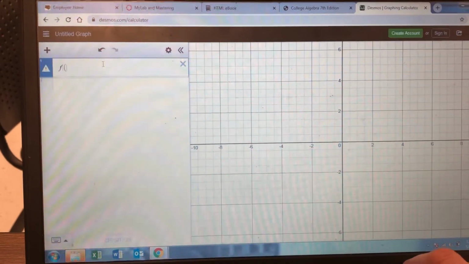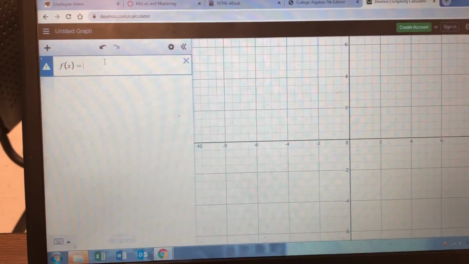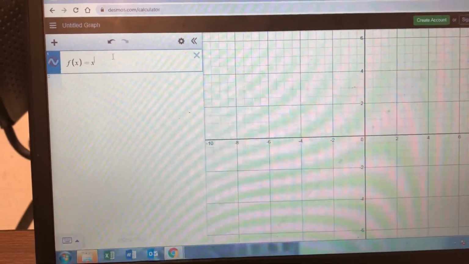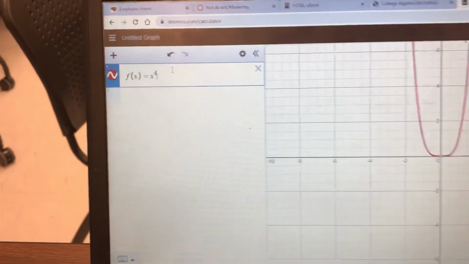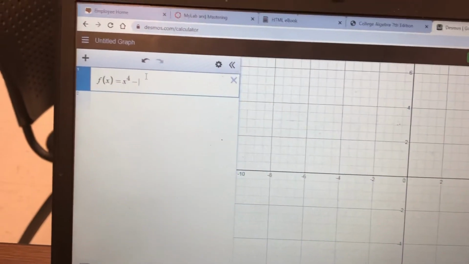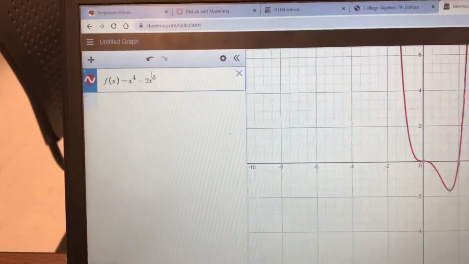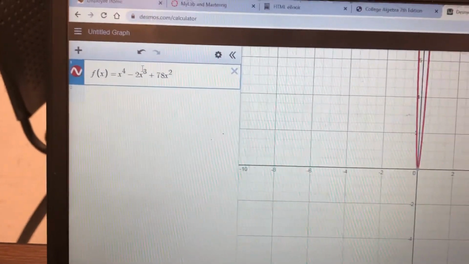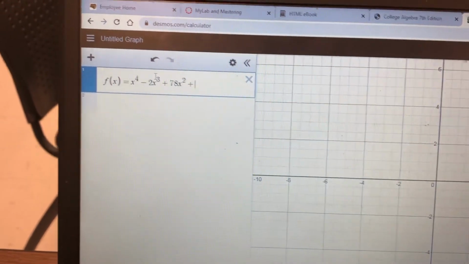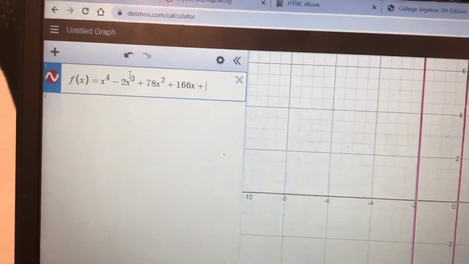So f of x equals x to the 4th minus 2x to the 3rd plus 78x squared plus 166x plus 85.